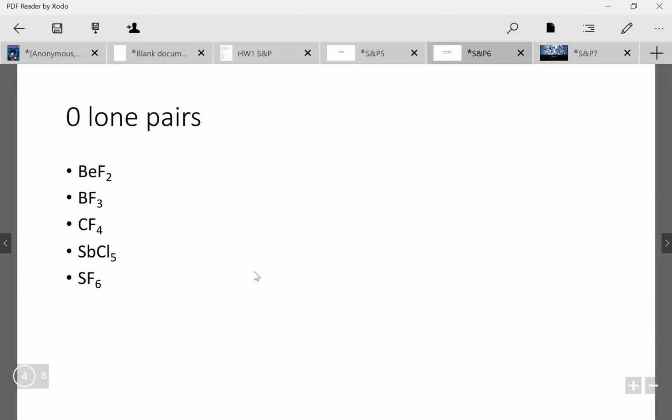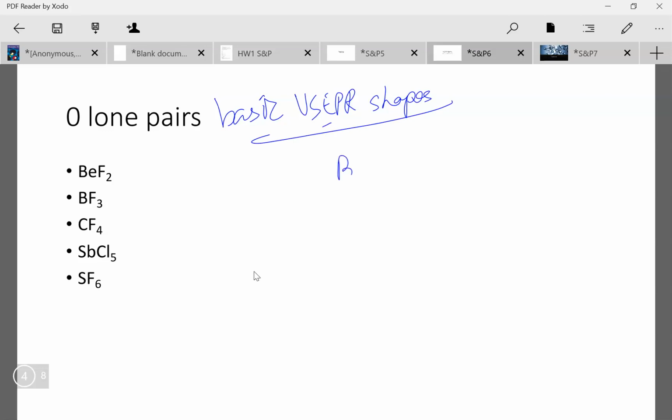So here we have a case of 0 lone pairs. So here are basically our basic VSEPR shapes. So this is our basic organization of the molecule. So BeF2, that's BeF2. This is the structure. If we draw the Lewis theory, there's no lone pairs on beryllium. There's not enough electrons. There's like 6 lone pairs on fluorine.